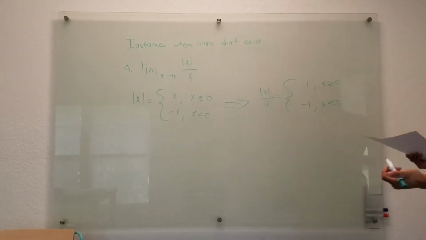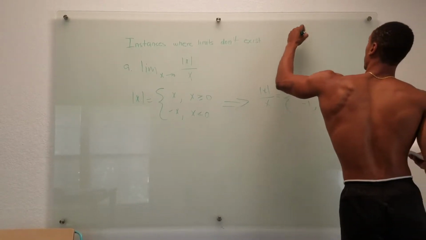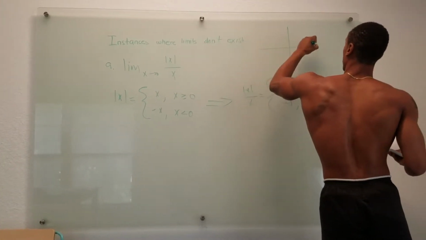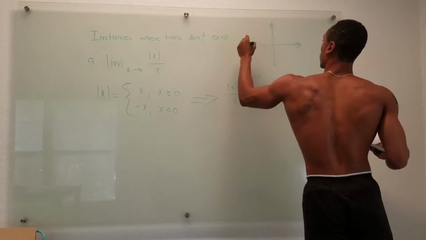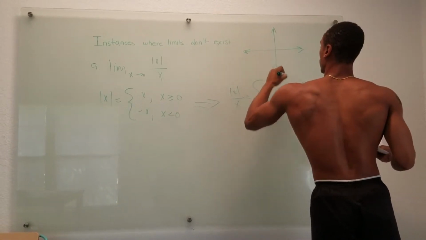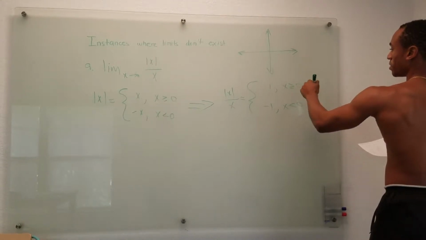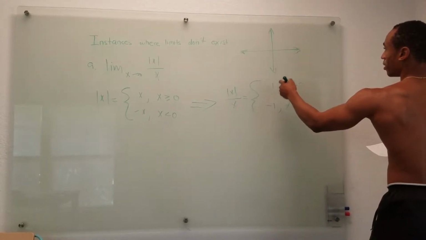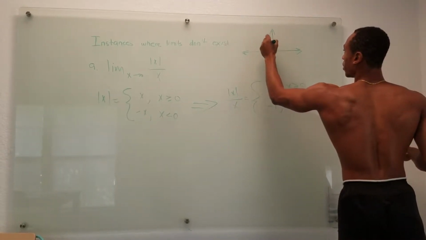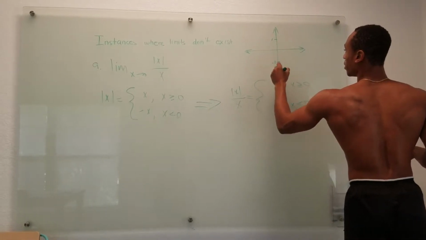So what does that look like on a graph? Let's see, I'll draw it up here. From the right of 0, we have 1. So I'm going to put a 1 here and a negative 1 here.